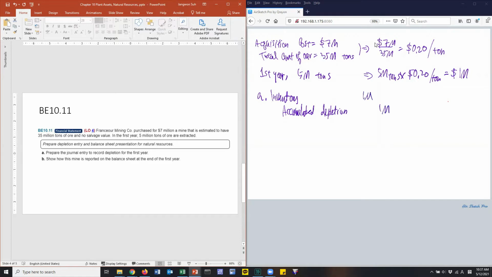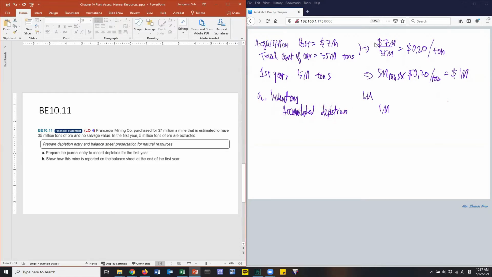Again, as you extract the ore, by that amount, you lose the value of your mine. But it's not entirely an expense, as we did here, accumulated depreciation, and here depreciation expense and here accumulated depreciation.